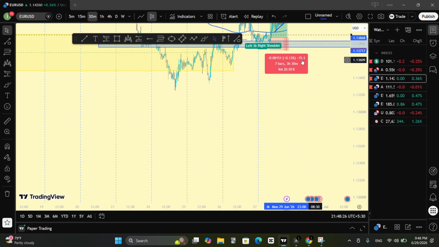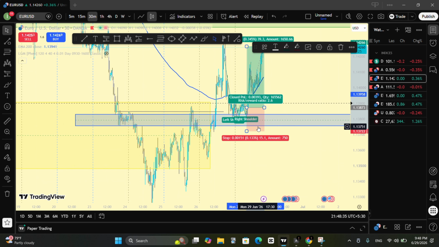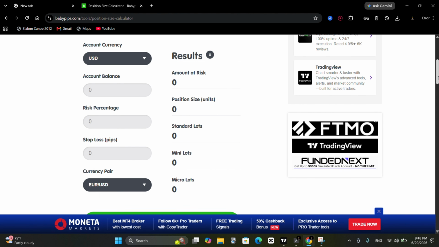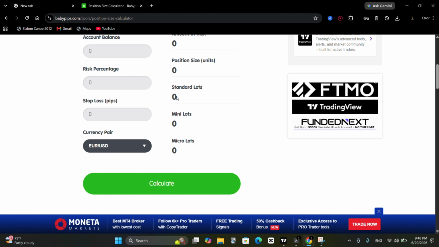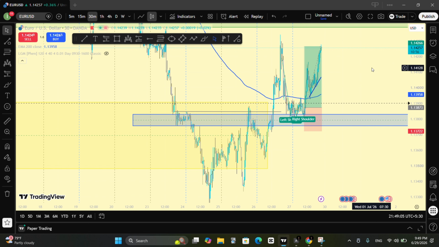You can see it's 15 pips, 15.1 pips, and also you can see the measured value, we are at 15.1. You can enter it here, and also your risk percentage, put 1 or 2% here, then your account balance, of course. Then you can hit calculate and get the standard lot size value that you add to your broker. So I'm currently using MetaTrader 5. You can use any broker you want.